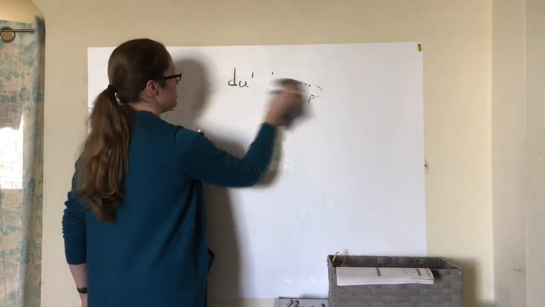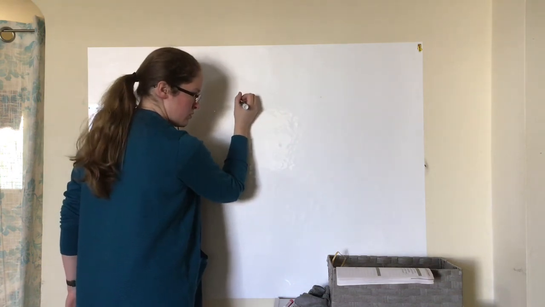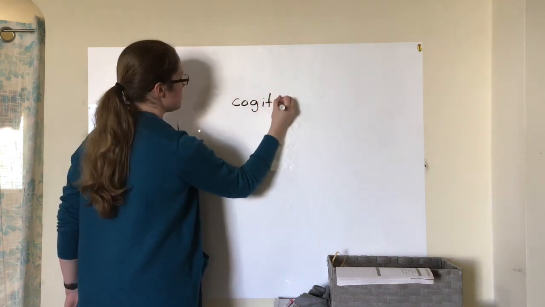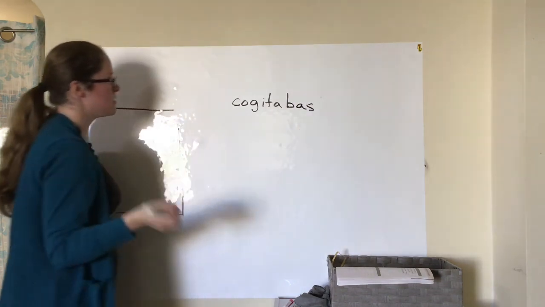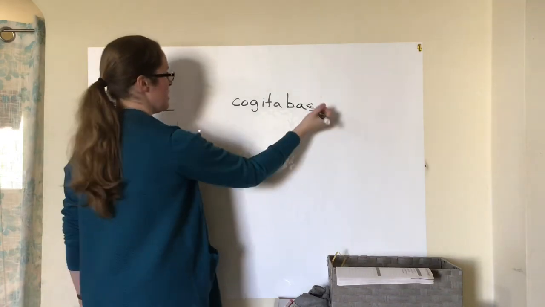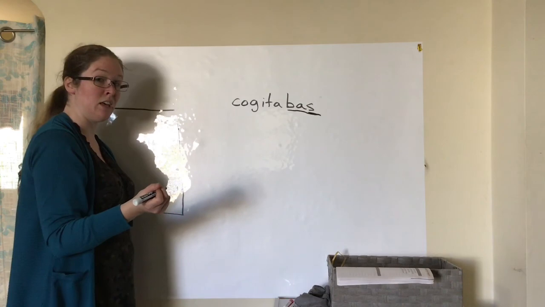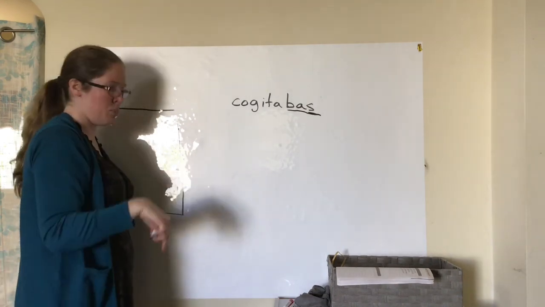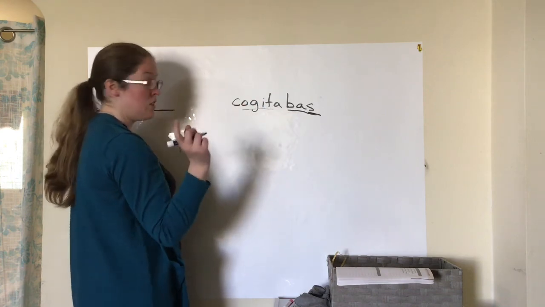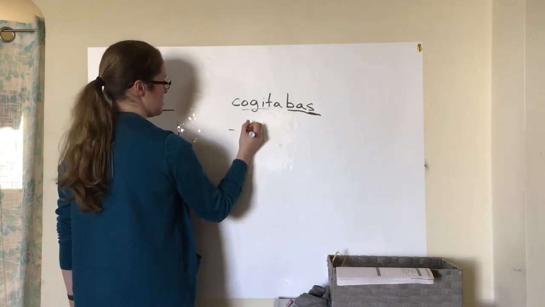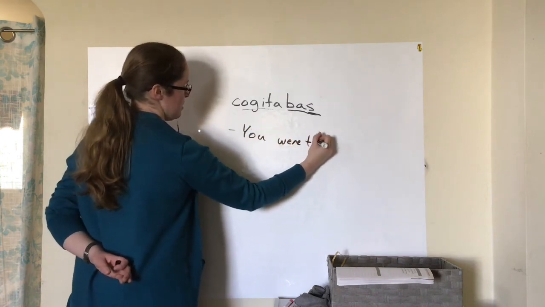Let's do another one. How about cogitavas? So this time our ending isn't just S because we've got a ba in front of it, so it's bas, which puts us in the which tense? Imperfect tense. Imperfect tense, 3 options. Cogita means think. So S is you were thinking.